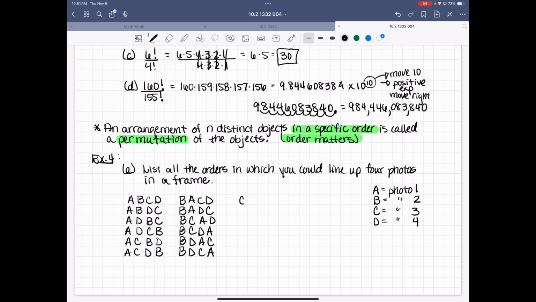Let's do C. C, C, C, C, C, C. We know we need an AA, a BB, a DD. It's probably easier if we just do it like that. Then that'll be a BD and a DB. Okay.